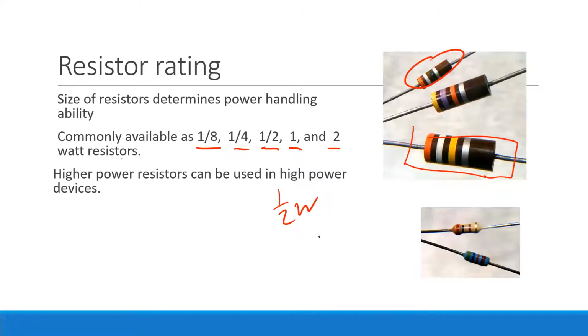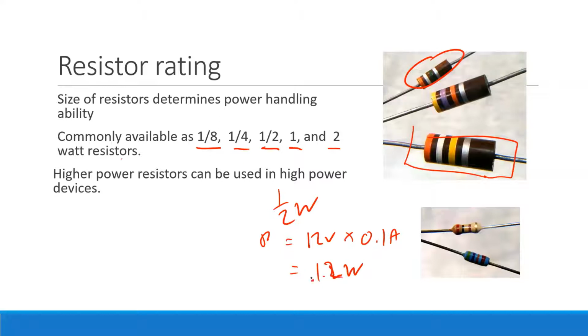So let's just say you've got a 1/2 watt resistor and you have a voltage. If you try to put 12 volts in at something like 0.1 amp or 100 milliamps, you'll kill the resistor, because power equals V times I, that's going to be 1.2 watts.